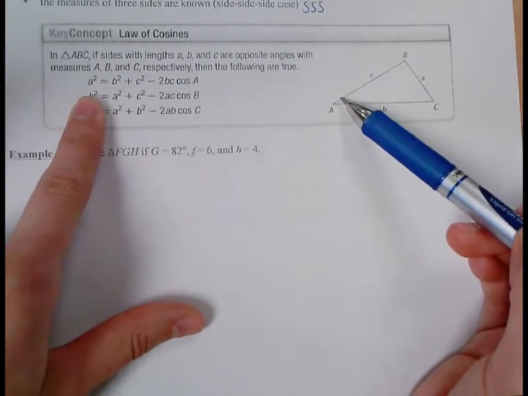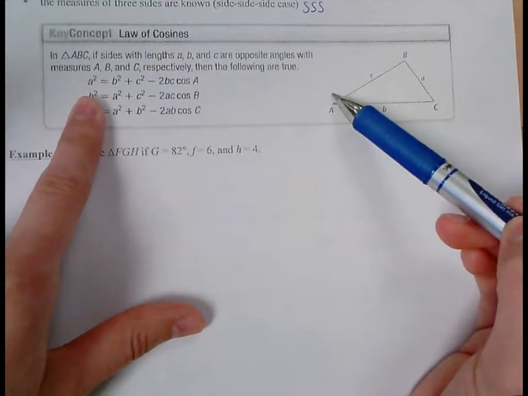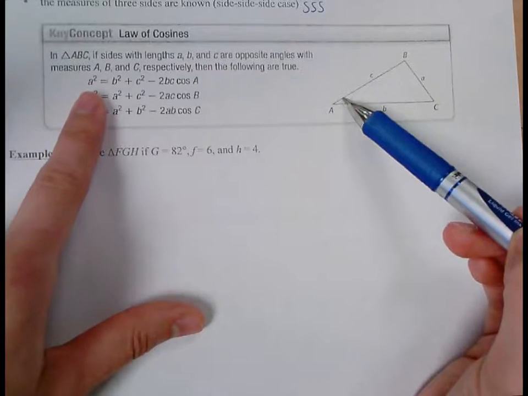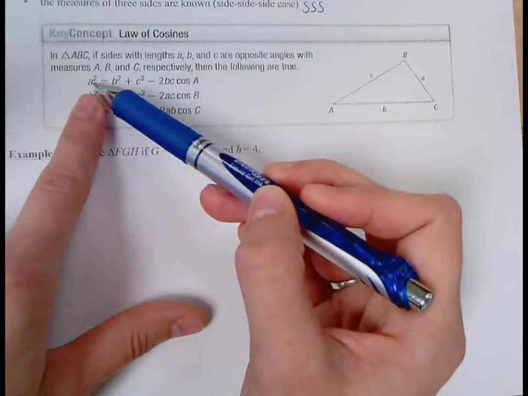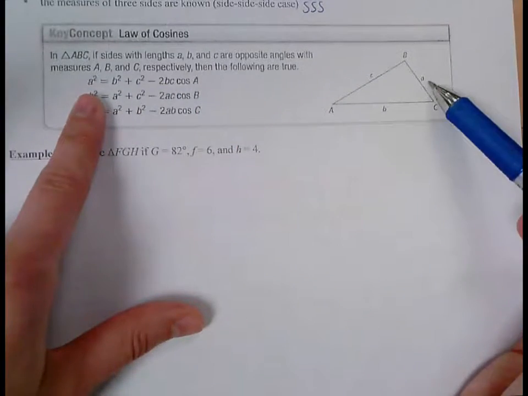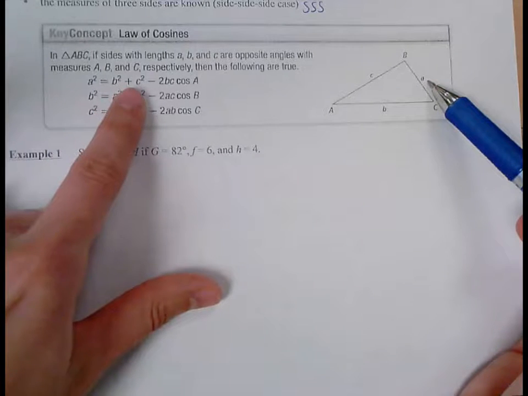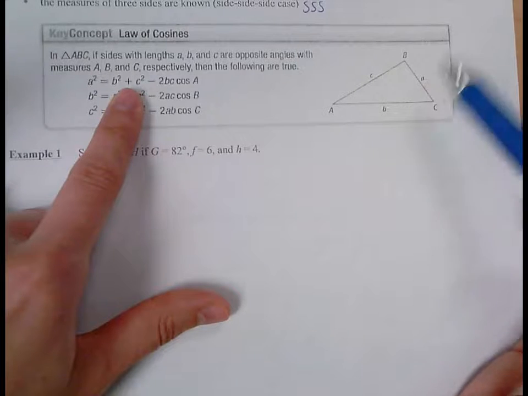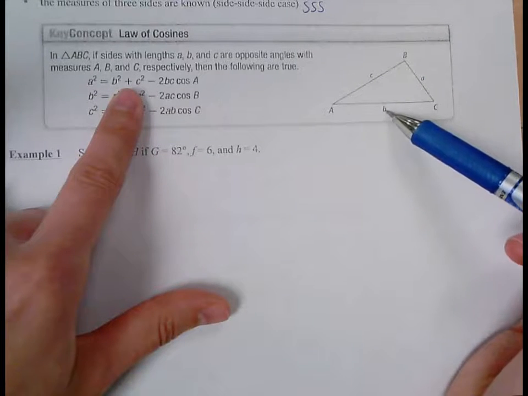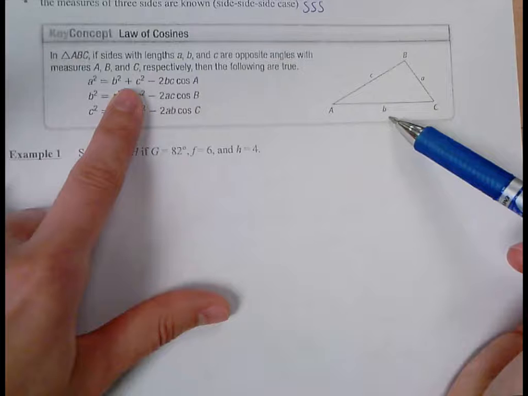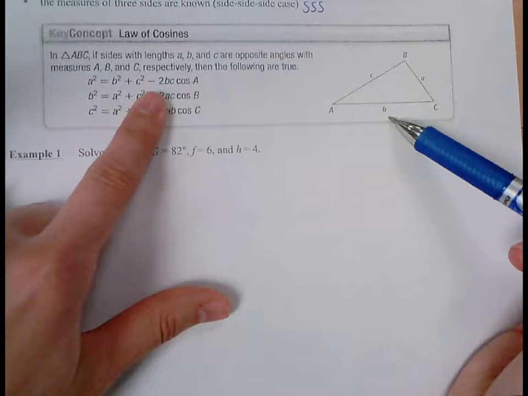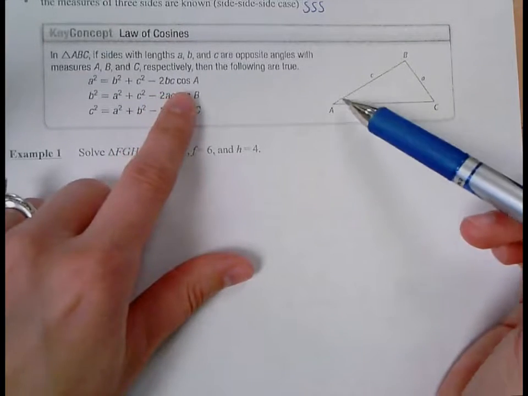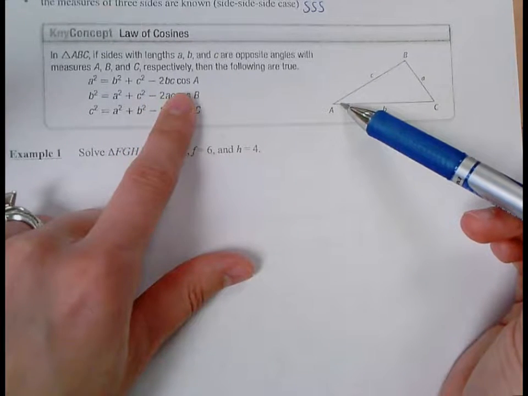The formula that involves angle A says the side opposite the angle squared, so a squared, should equal the sum of the other two sides squared, minus 2 times the other two sides times the cosine of the included angle.